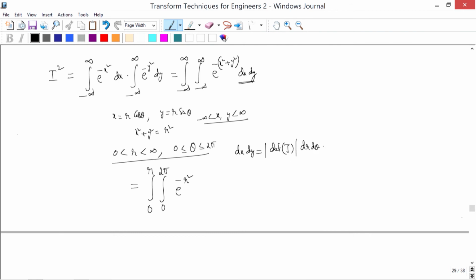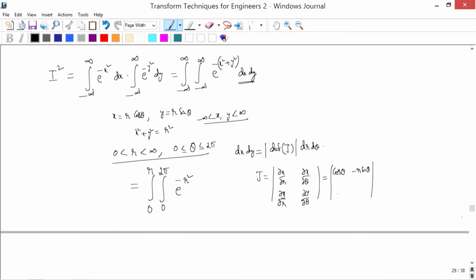So, what is this J? You have to take dou x by dou r, dou x by dou theta, and similarly dou y by dou r, dou y by dou theta. Dou x by dou r is cos theta, dou x by dou theta is minus r sin theta.